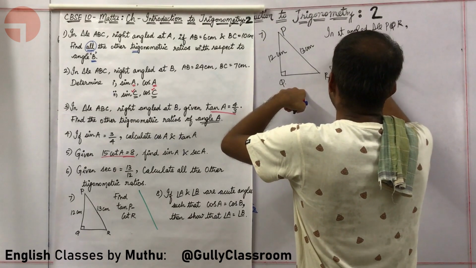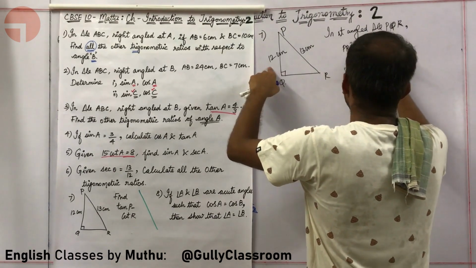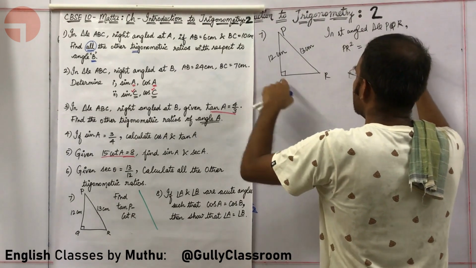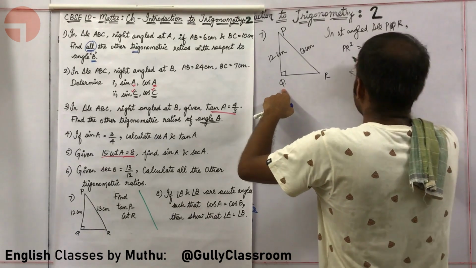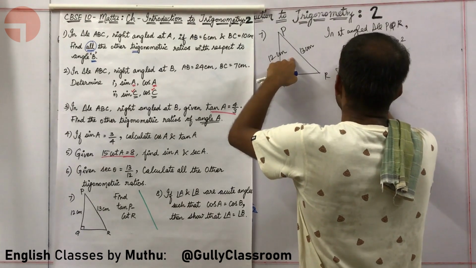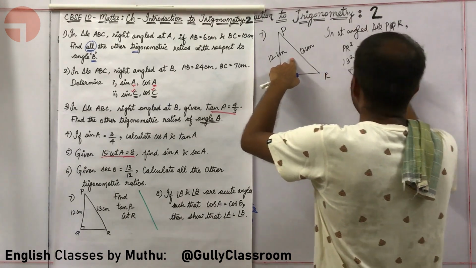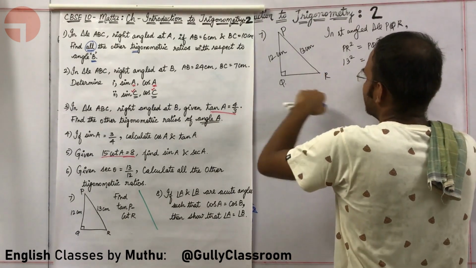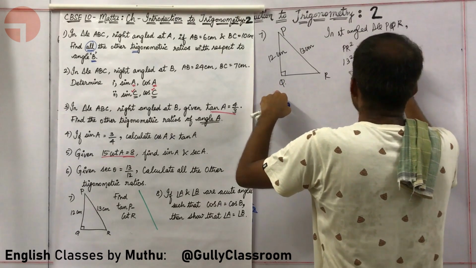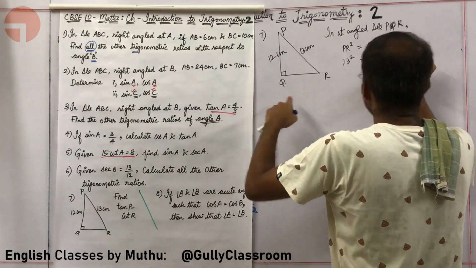Hypotenuse square PR square is nothing but PQ square plus QR square. Let us substitute for PR. What is PR? 13 square. What is PQ? PQ is 12 square.